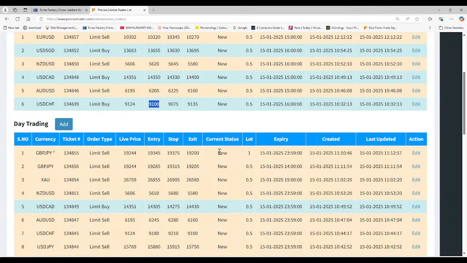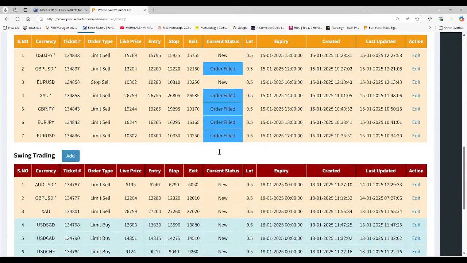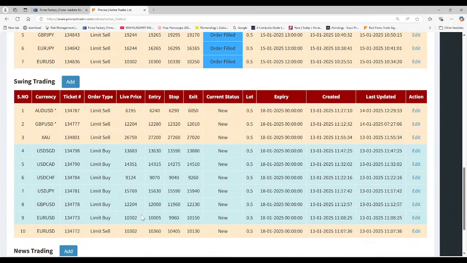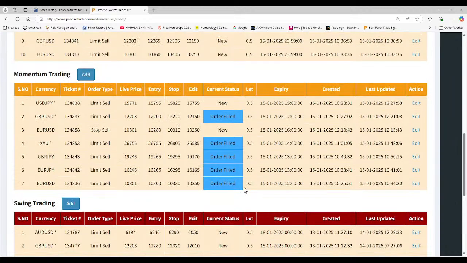I think this is a valid call, and we have a buy order on the swing, which is a buy at 90.70. I think this is also a valid call. So let's see and move on to the next currency.